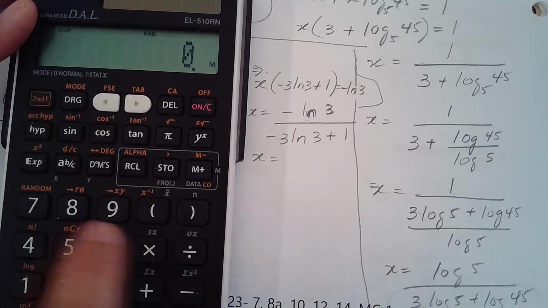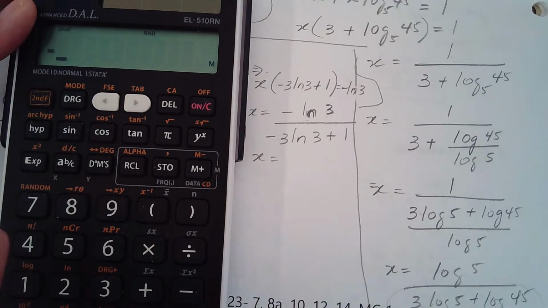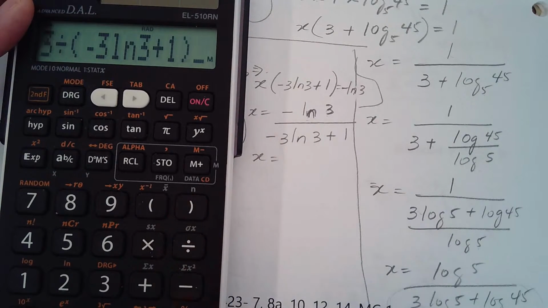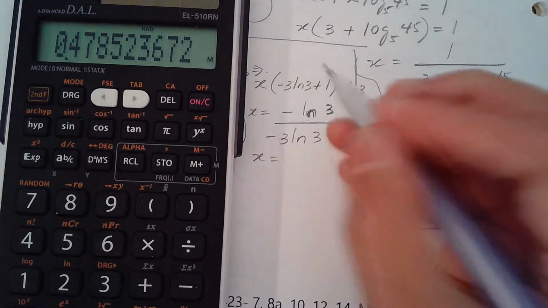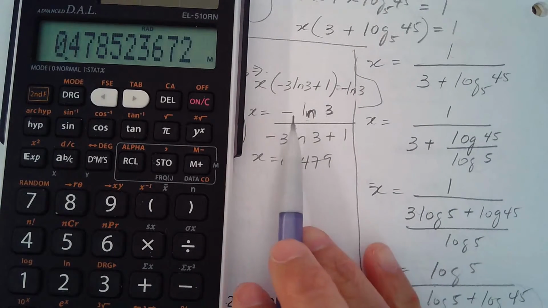Let's see. Negative, let's try that again. Negative natural log of 3 divided by negative 3... Do you get 0.479? Yes. 0.479? I got 0.338. Okay. 0.479. Did you maybe type the negative?